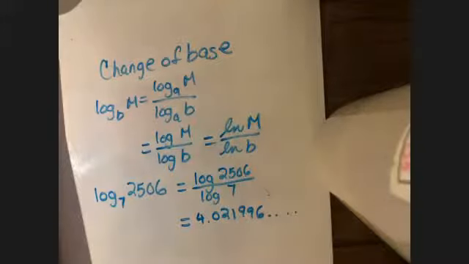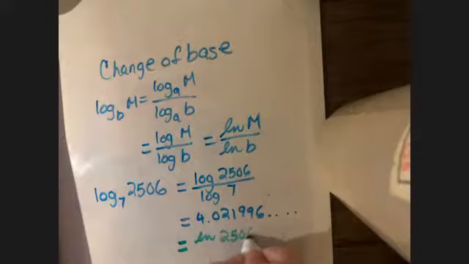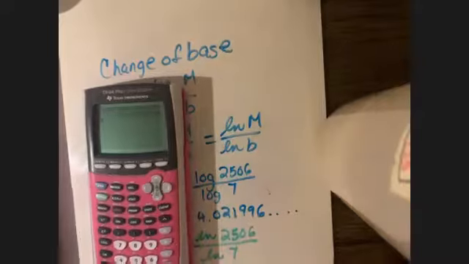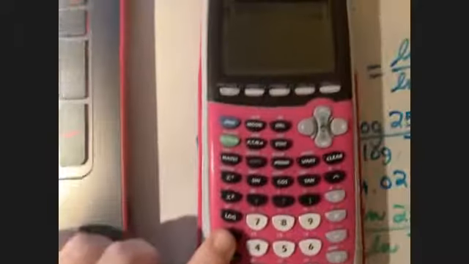Now, you can also do this same thing in natural log of 2506 over natural log of 7. And same game, and I'm going to do this a little bit closer so that you can see.